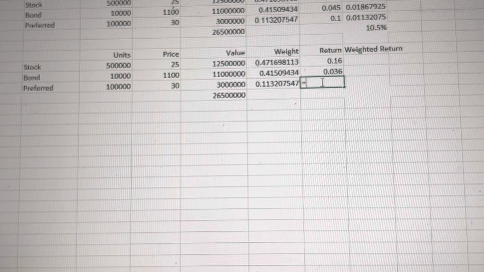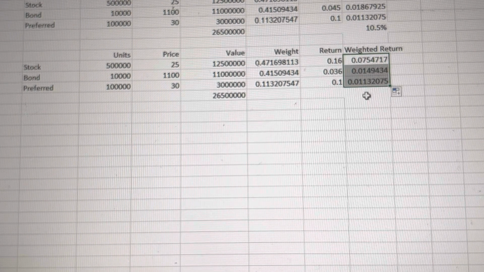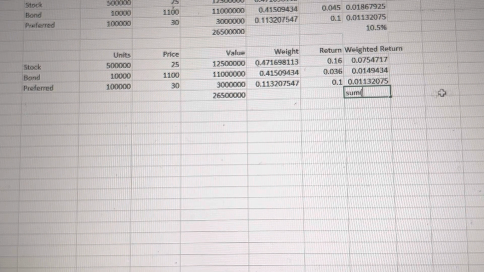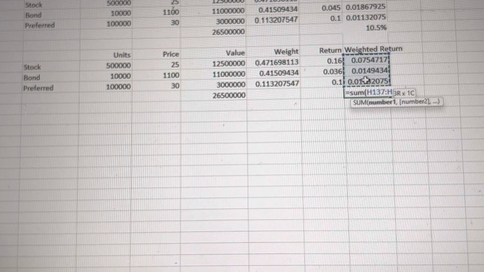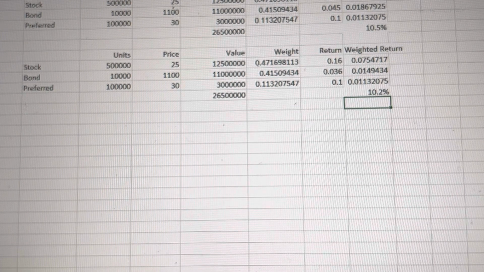Preferred stock is the same, $3 divided by $30. Weight times return, and the sum of all the weighted returns. For the 20% tax rate, the French Corporation's WACC is 10.2%.